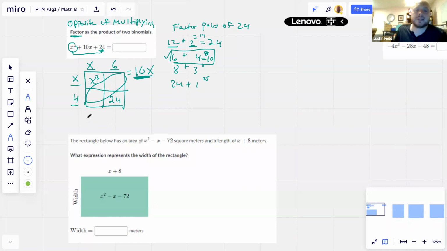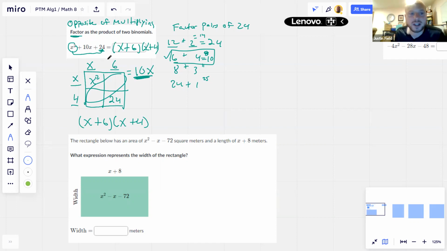In essence, if the original multiplication problem was x plus 6 times x plus 4, then the answer would be x squared plus 10x plus 24. And so the answer to this is the original multiplication problem, x plus 6, x plus 4.